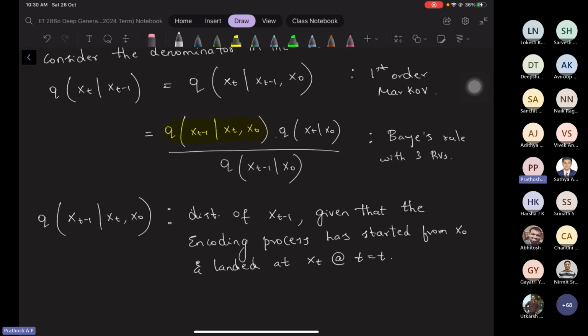Depending upon what sort of noise you add, you end up at one particular xt. Every time you take the same x naught and add different kinds of noises, you get different xt's. Do you agree with this? Now, the question that we are asking is, given that you have started from x naught and landed at a particular xt, what is the distribution over xt minus 1?